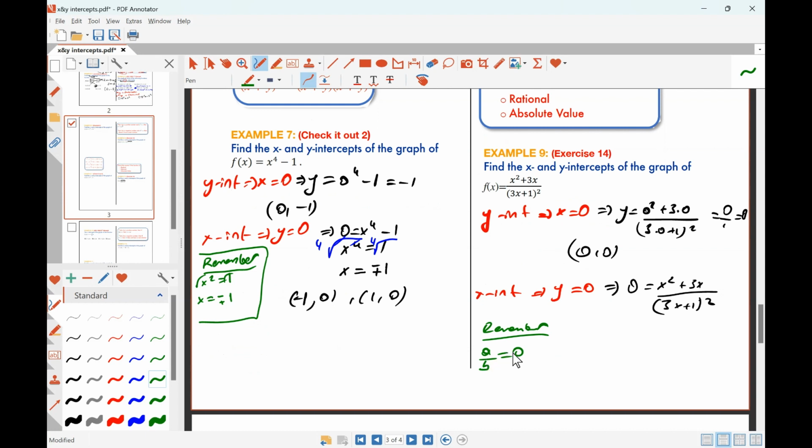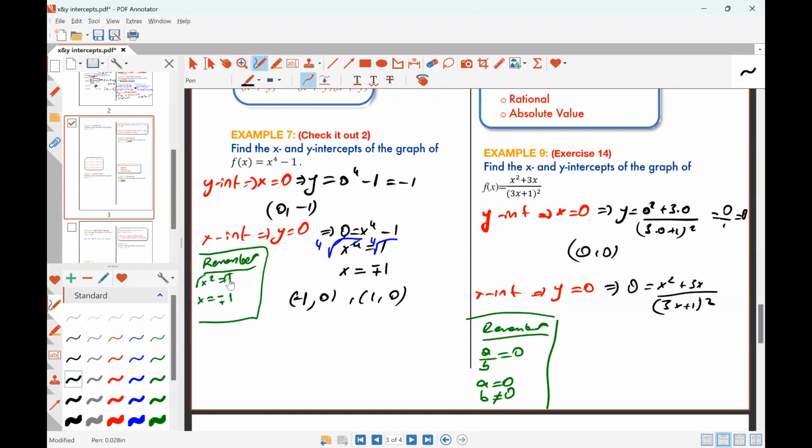A equals 0 times b, so a is 0. So we can say that whenever we have a rational expression equal to 0, our top is 0 only, not the bottom. Bottom is never 0. If bottom is 0, it is undefined. Or we could simplify it. So keep this in mind. So for rational expressions, I will directly equalize the top to 0.